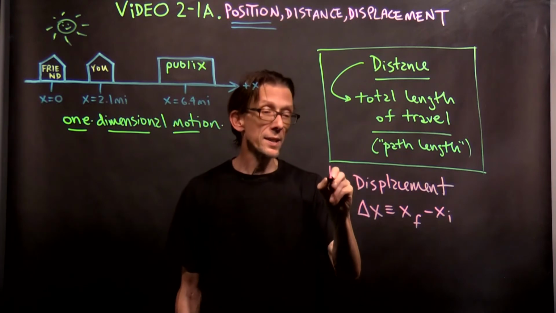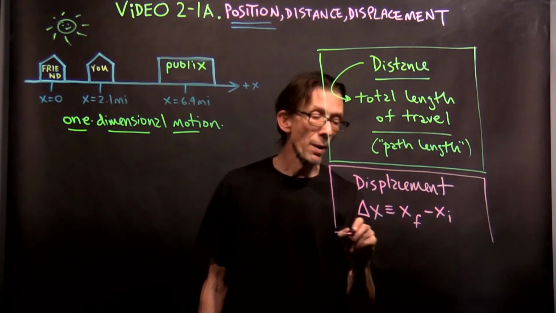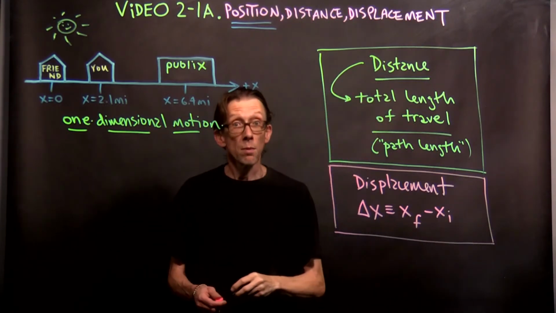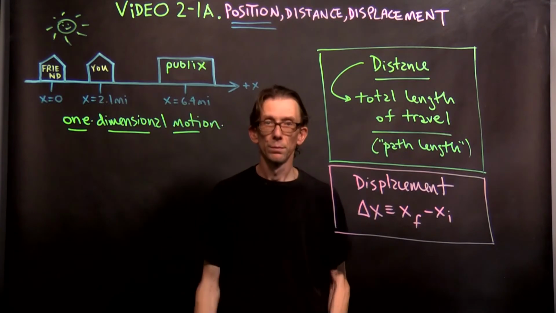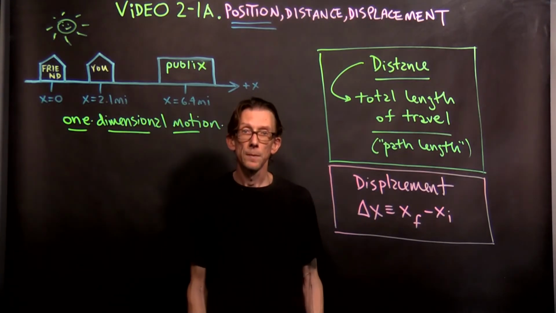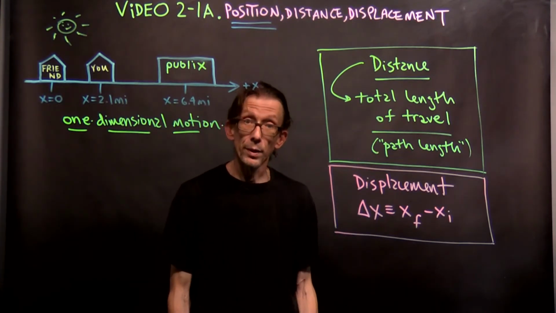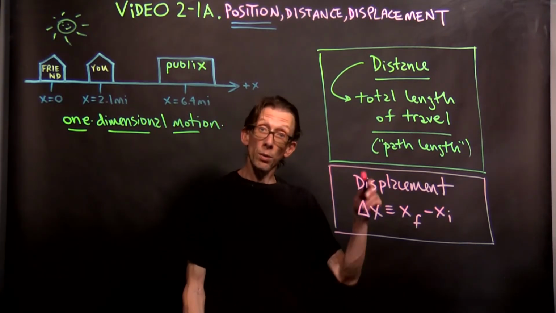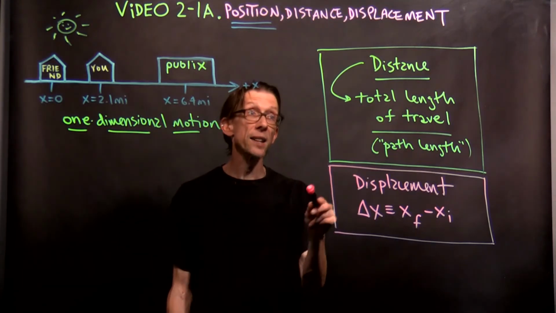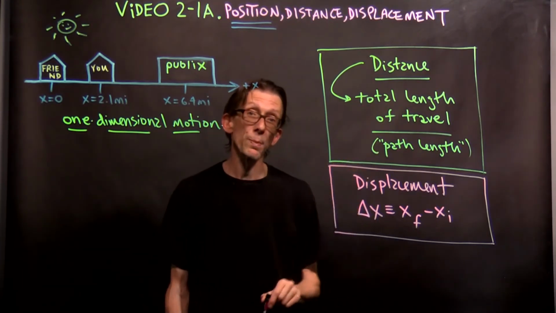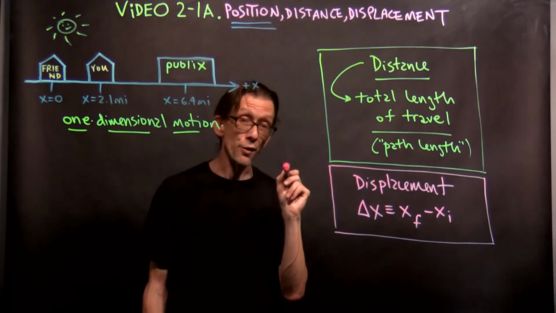So in both cases, distance and displacement, we're talking about somebody moving, say you moving from your house to Publix. You have covered some distance in that trip, and you've also undergone a displacement in that trip. And we'll see that in some cases, distance and displacement are the same, and in some cases, they are not the same.